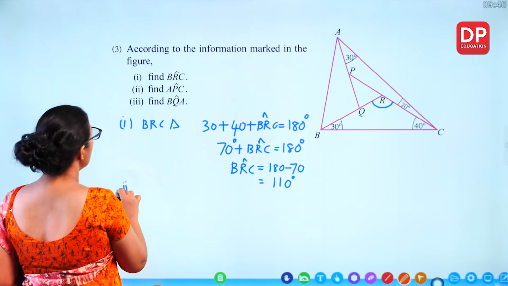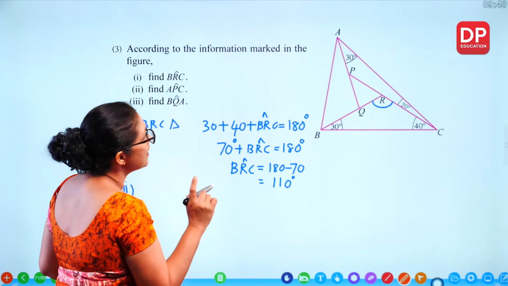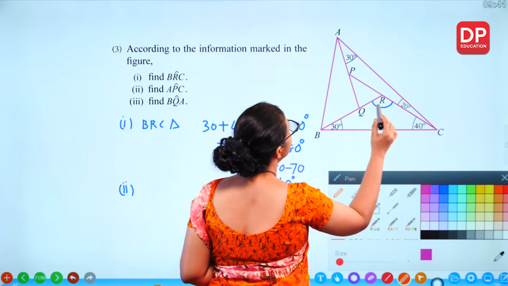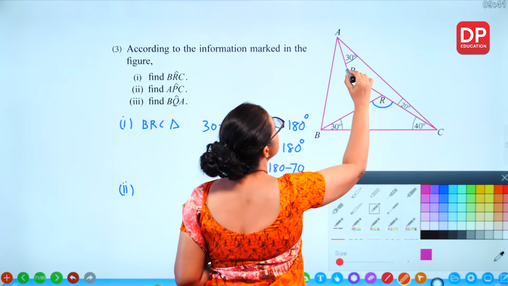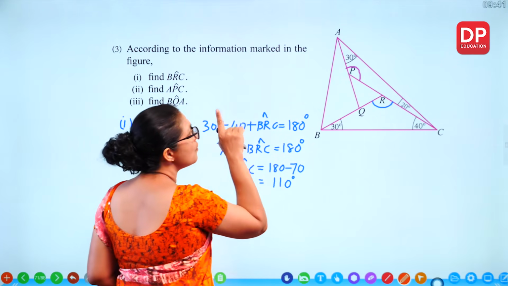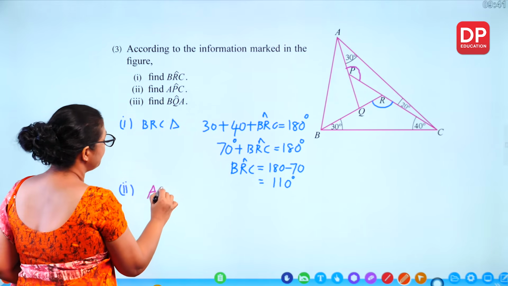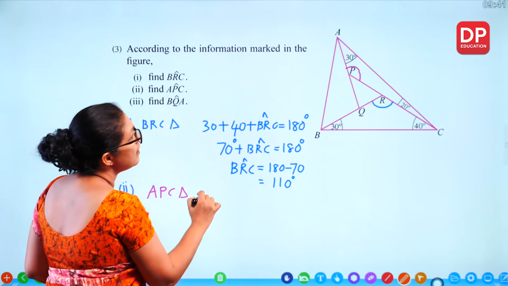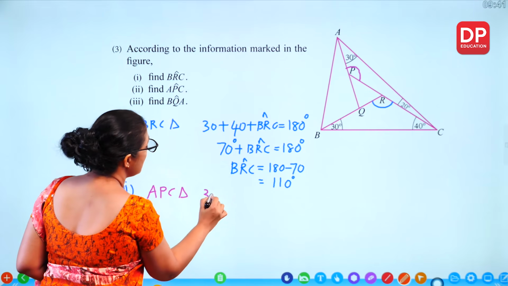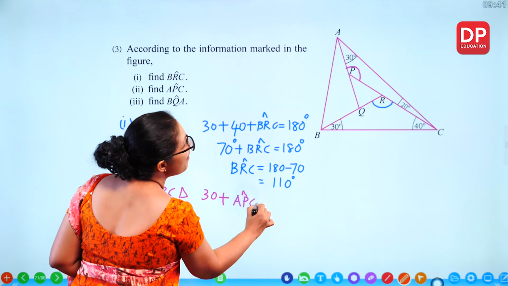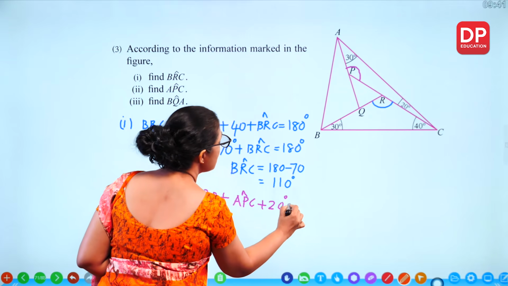Part 2, APC. APC, this angle. Now, we can take the APC triangle. In the APC triangle, 30 plus APC angle plus 20 degrees is 180.